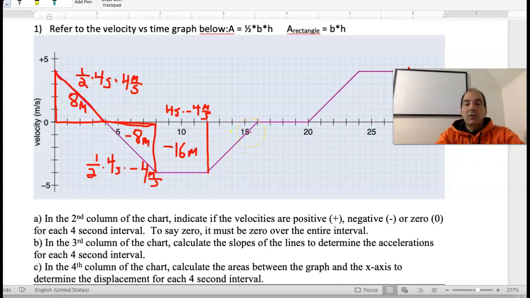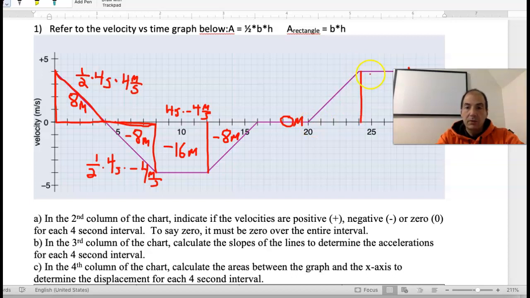All right, so now this triangle is a mirror image of this one. It's below the axis. This is the same as this. We have congruent triangles. Ooh, sorry to scare you like that. All right, so we have -8 meters here. I don't really need to do too much there. In this segment, there is no area. It's right on the x-axis, so the displacement is 0 meters here. In the next segment, we go out to 24 seconds.